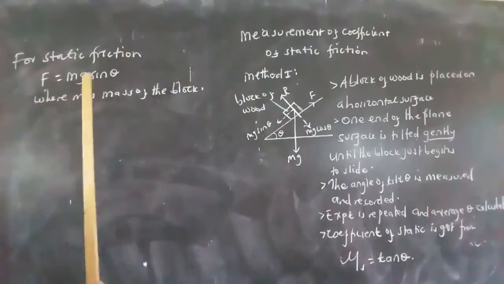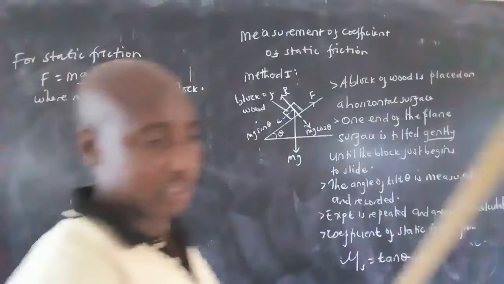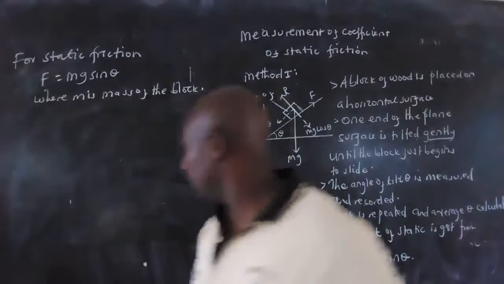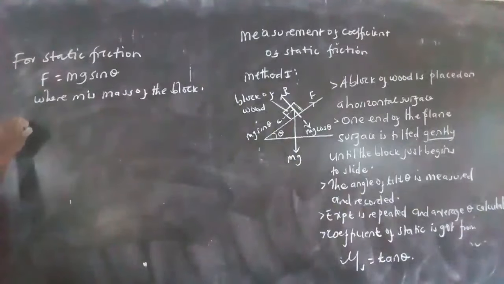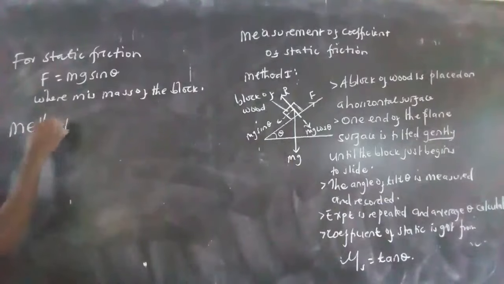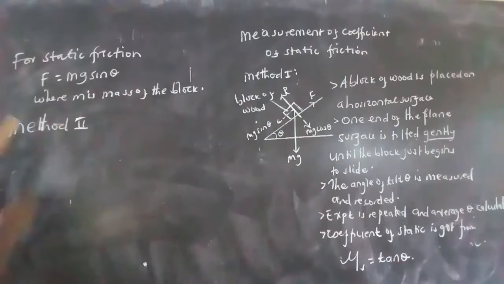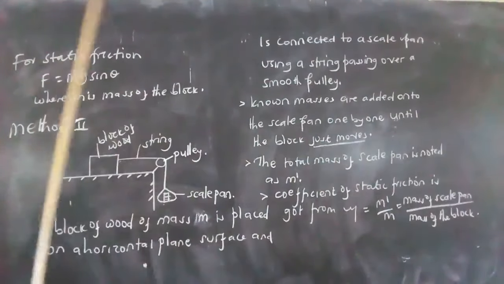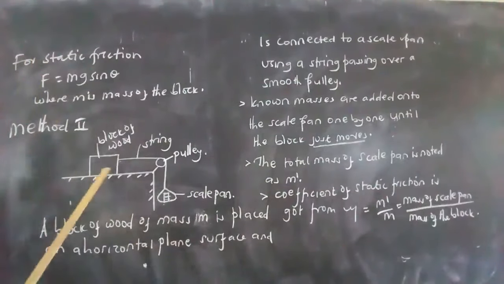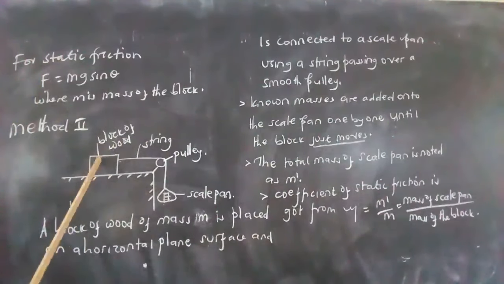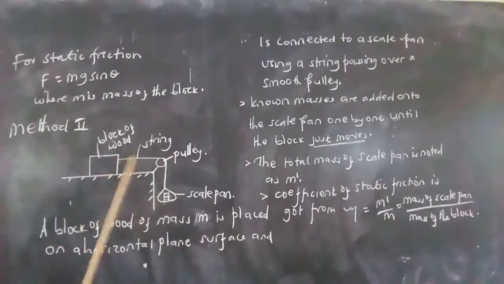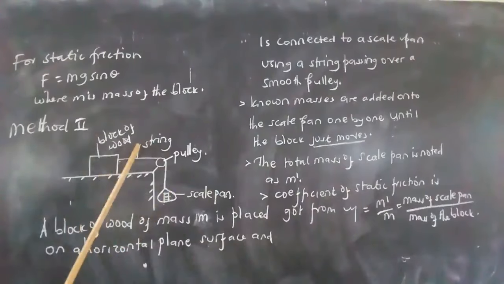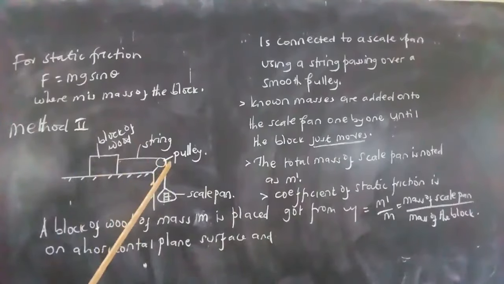So like that. So I go to method 2. Method 2, we have a block of wood of known mass m placed on a horizontal table and connected to a scale pad using a string passing over a smooth pulley.